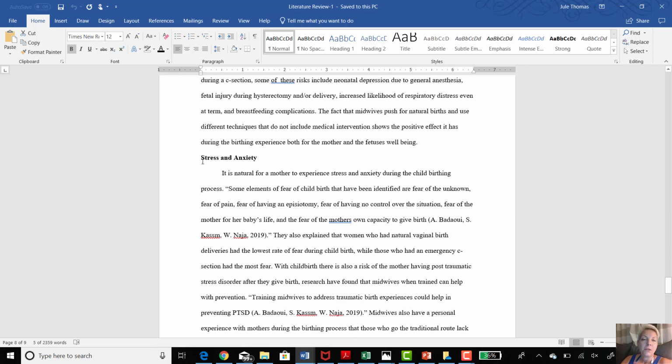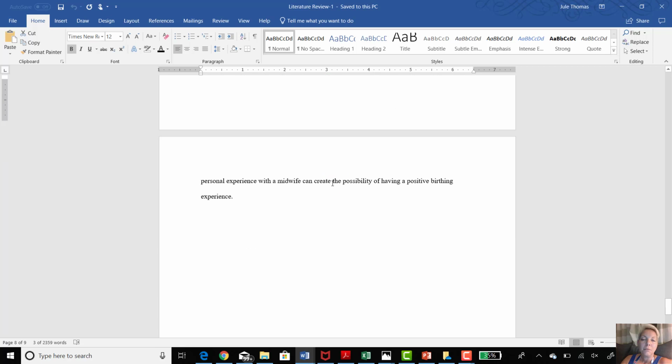And then the student goes into the idea of stress and anxiety regarding delivery, and which is more prevalent or which tends to be more of a problem in midwifery versus traditional delivery practices.